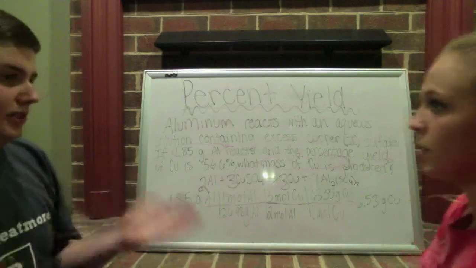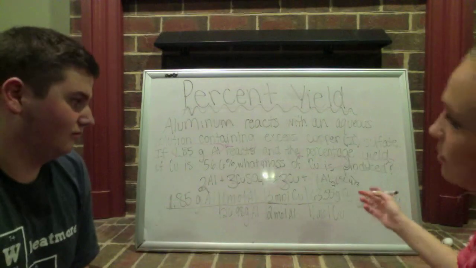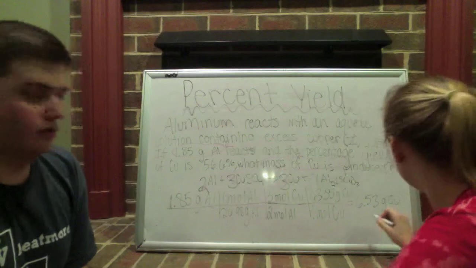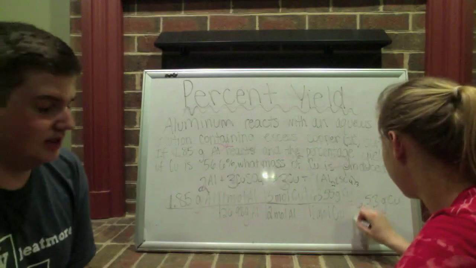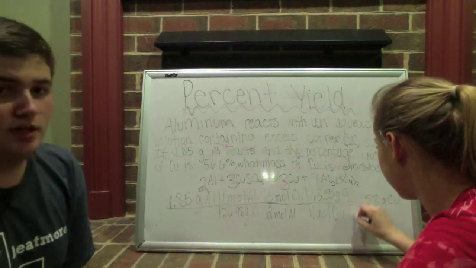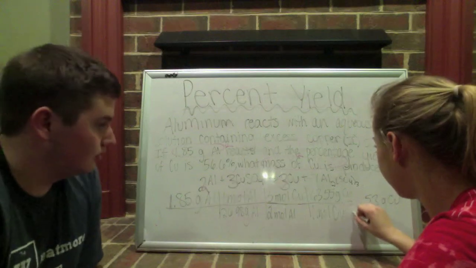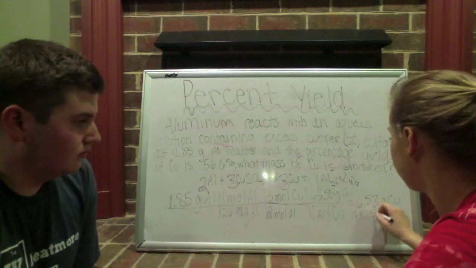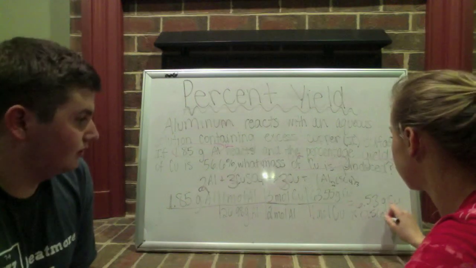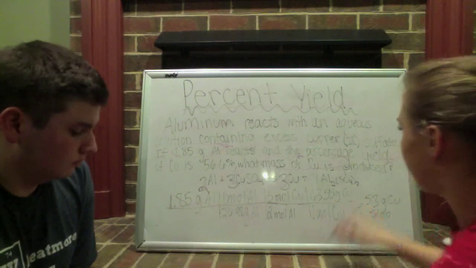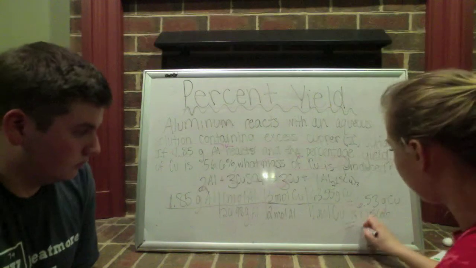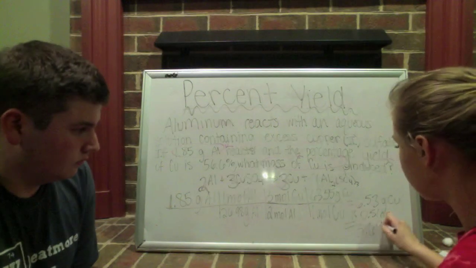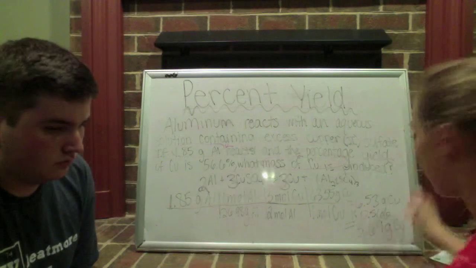So what you have to do is multiply by 56.6%, which is 0.566, just in case you're a little bit iffy on percentages. So your final answer is going to be 3.69 grams of copper.